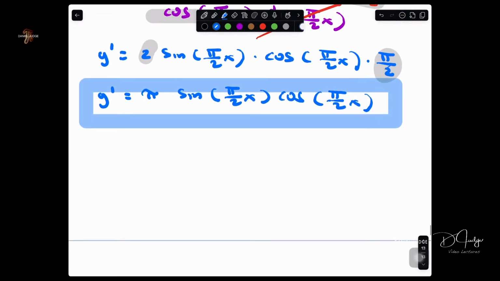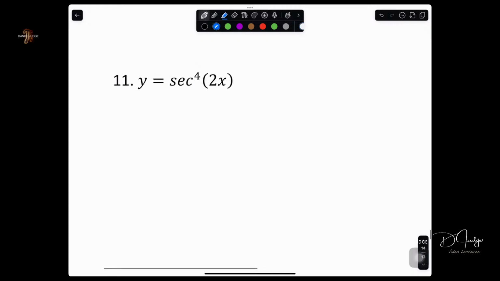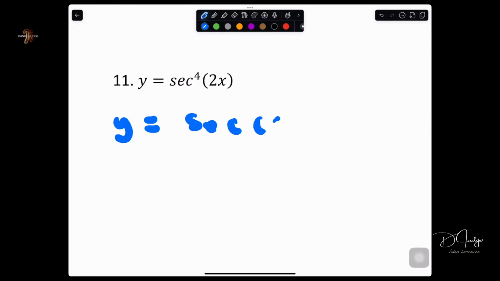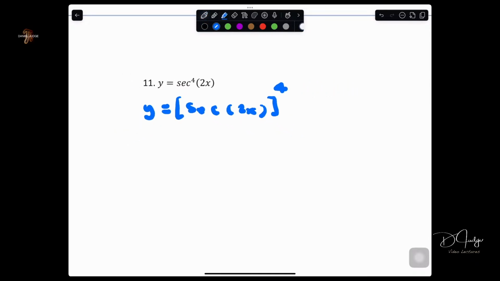Number 10. Number 11, very similar, in that now you have secant of 2x as a base. And the power is 4 now, because this is the meaning of what you see here. That's really to the 4th power.